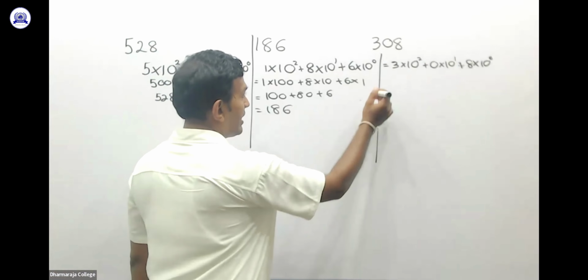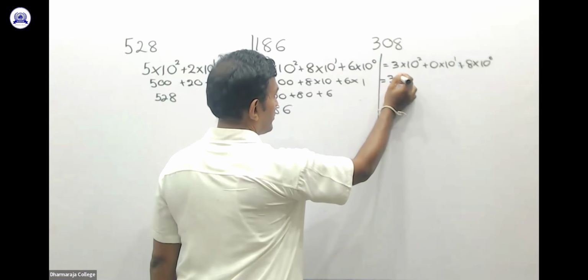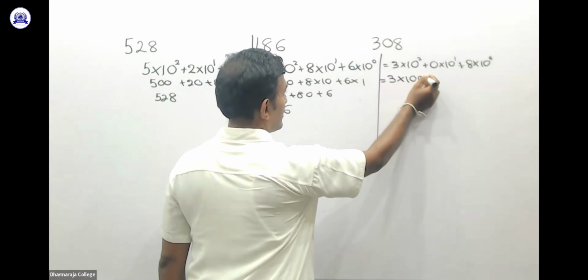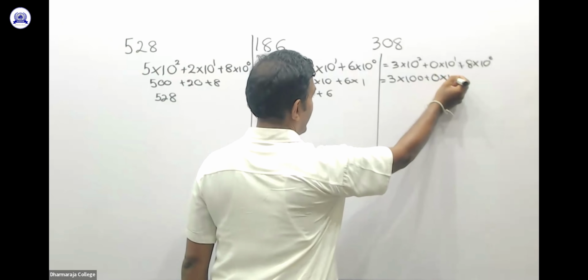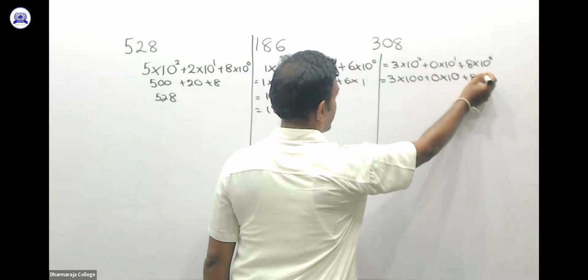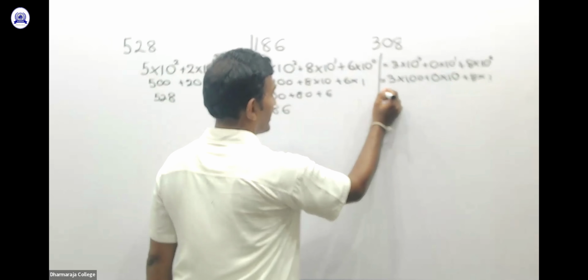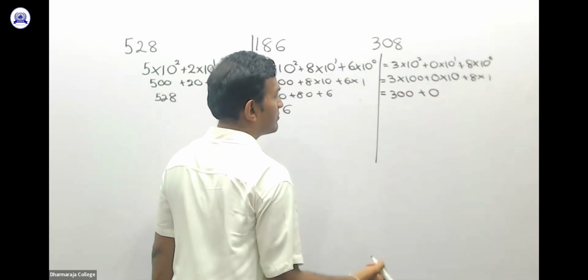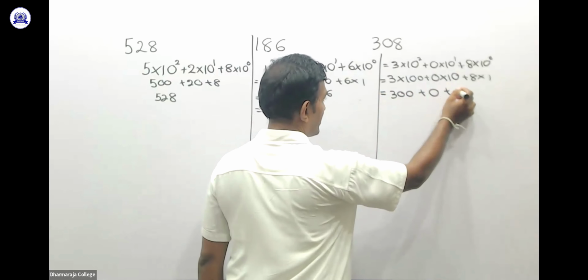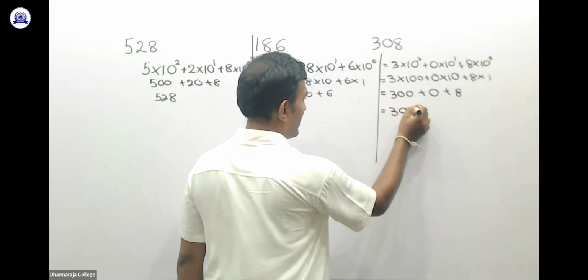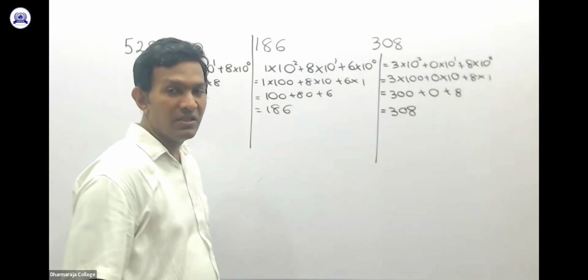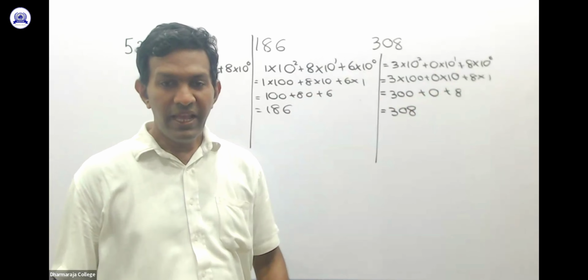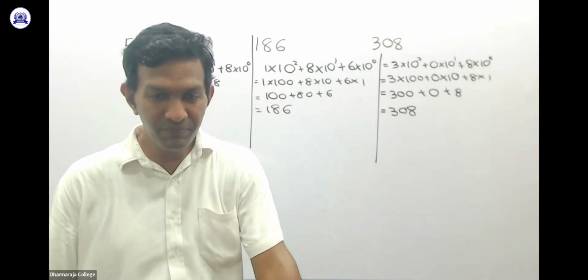When you take it now, it's 3 into 100 plus 0 into 10 plus 8 into 1. So you are getting here 300, here 0, here 8, and the answer is 308. Right? This is the way we can expand the value.